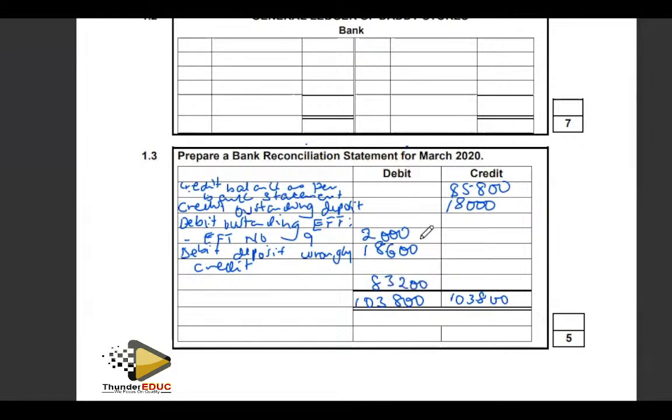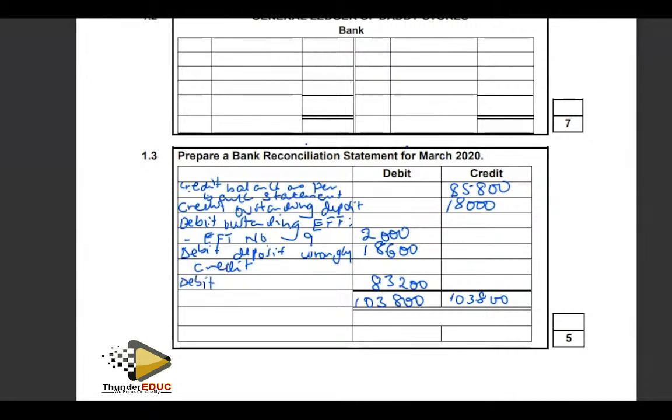I'm sure you're also getting the same. So when I put, remember, we always put it on the side which is smaller, okay, to balance off the account. So how do we call this? It's going to be a credit balance, a debit balance as per bank statement. So this is going to be a debit balance.